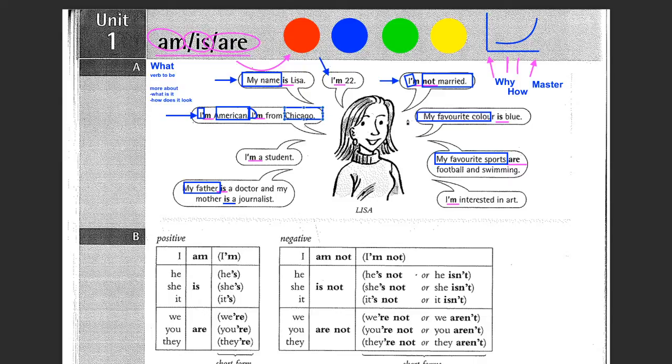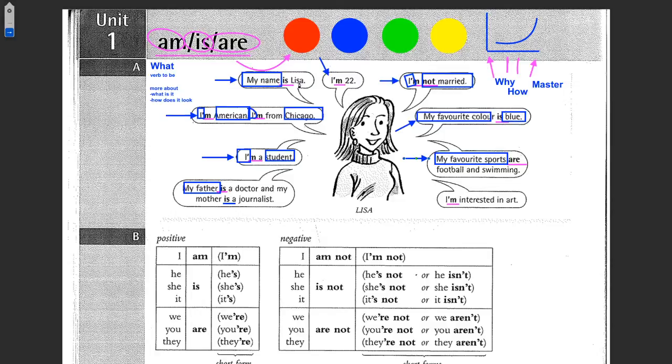And my favorite color is blue. In this sentence, the subject is my favorite color, and this information is telling you more about favorite color. Another part: I am a student. Okay, who am I? A student.